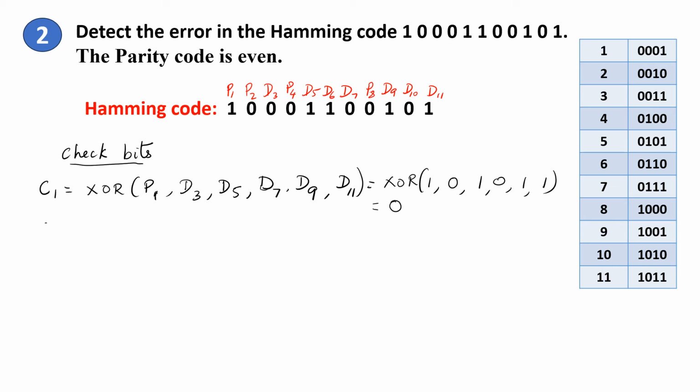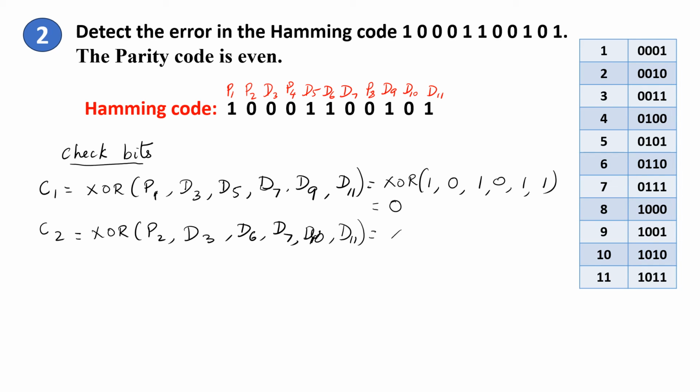Next is C2. So same, XOR of P2 here we'll take. Then the data bits that contain 1 in the second position in the table we are choosing. So that is D3, D6, D7, D10, then D11.